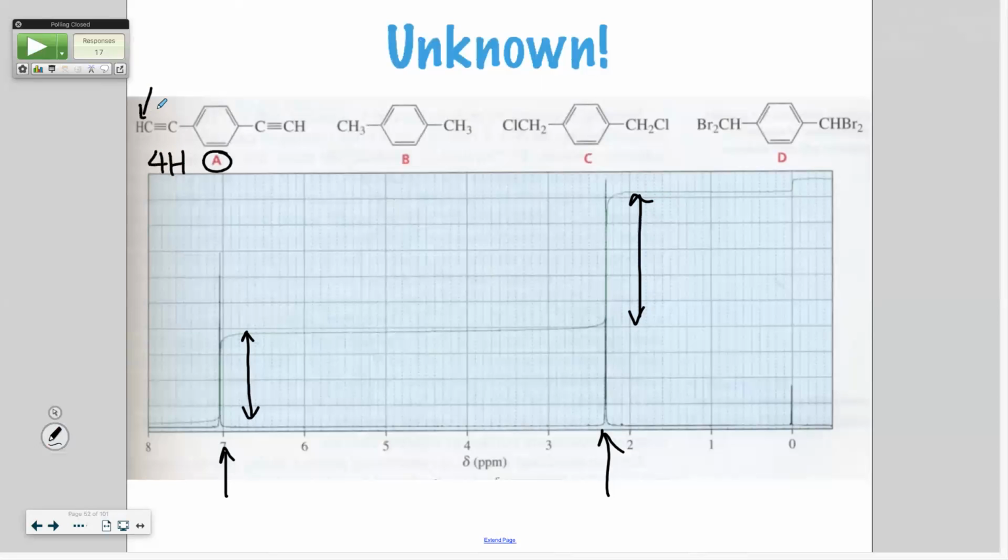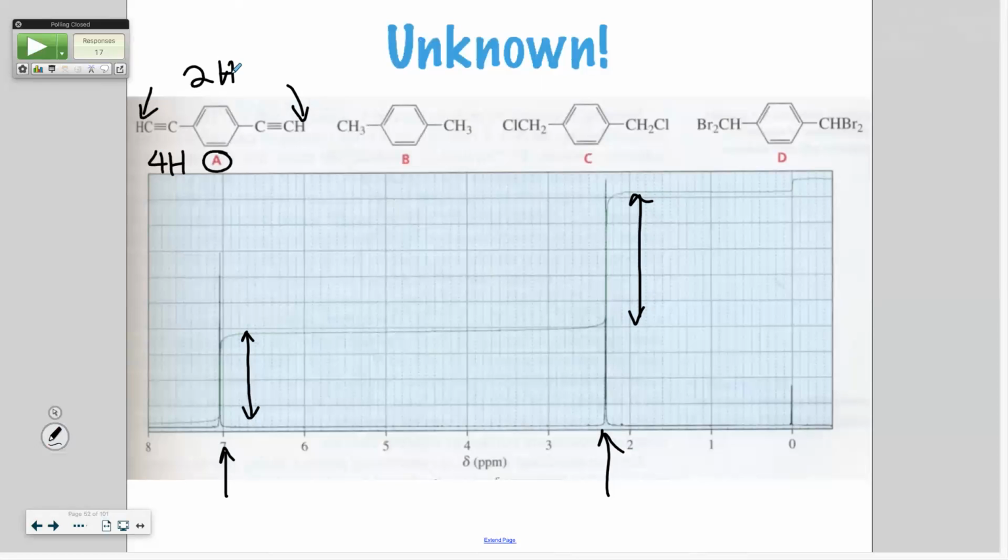And how many are these? There are 2. So the integration, this distance should be what to this distance? 4 to 2. It should be twice as big. Is that distance bigger than that one? Dang. But that's why you have to look at all the clues.